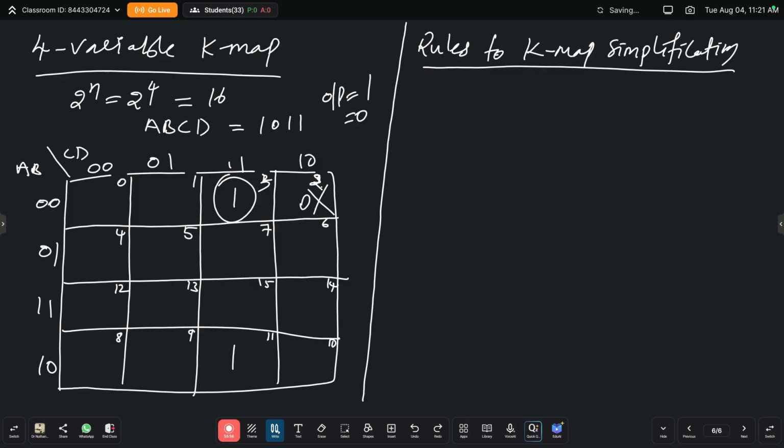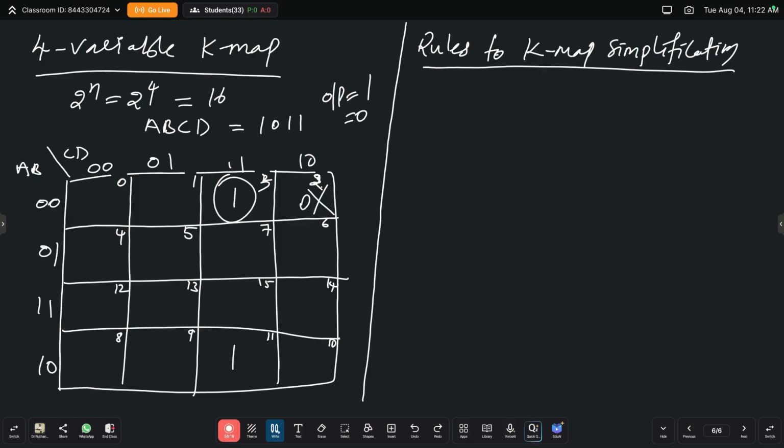Second rule, we can group 1, 2, 4, 8 or 2 power n cells. 1, 2, 4, 8, then 16. Nothing but 2 power n cells. Means 1 also is 2 power 0. Are you following?